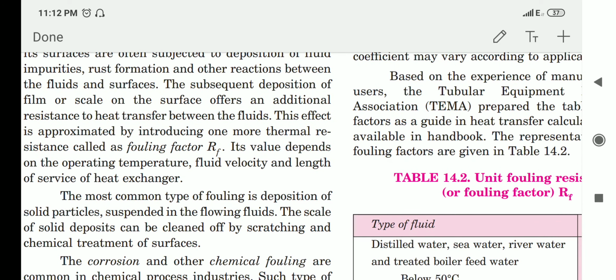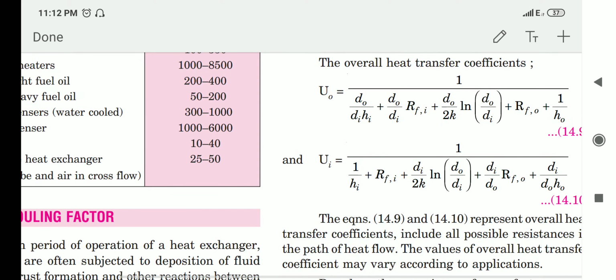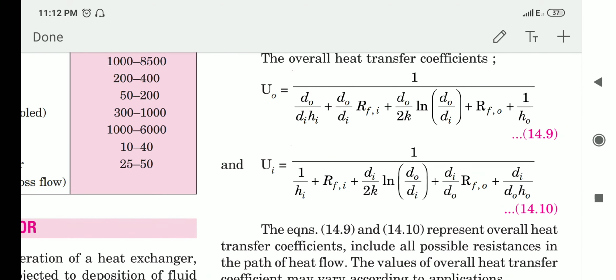So it has a tremendous effect on the overall heat transfer coefficient as well. Including the fouling factors, our overall heat transfer equation can be improved like this. This term needs to be introduced only when fouling factors are given.